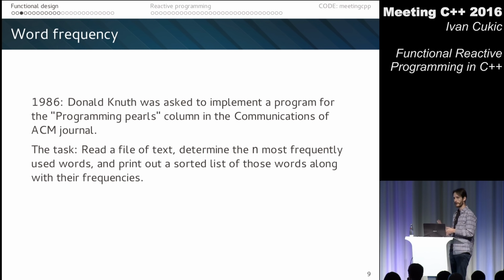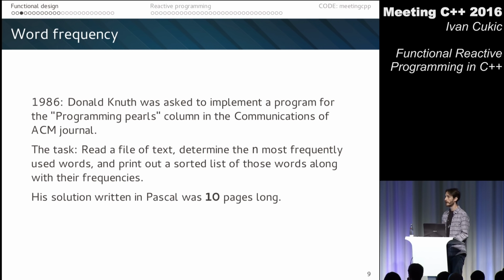After a while, Knuth sent a solution. The solution was 10 pages long in Pascal, and it was well documented. It was beautiful code, really pretty. It had some novel data structures developed just for this example.